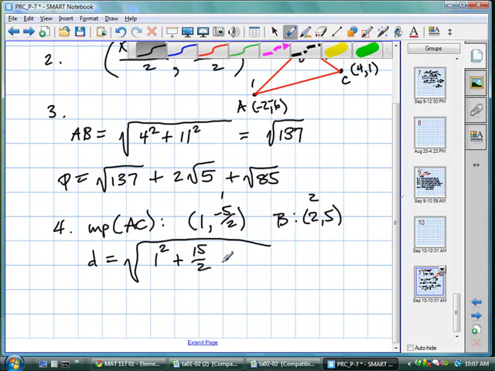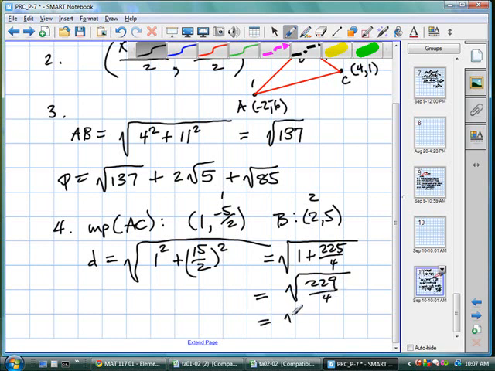Or to be exact, 15 halves? Okay, so that's 1 plus 225 over 4, which, that's as good as you could do. Square root of 229 over 2.